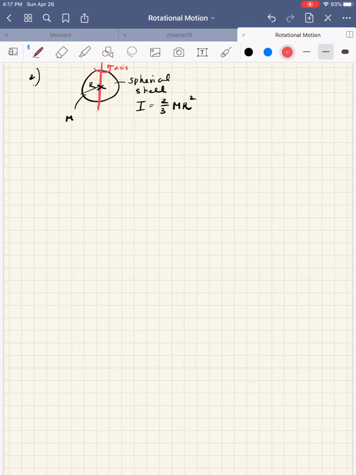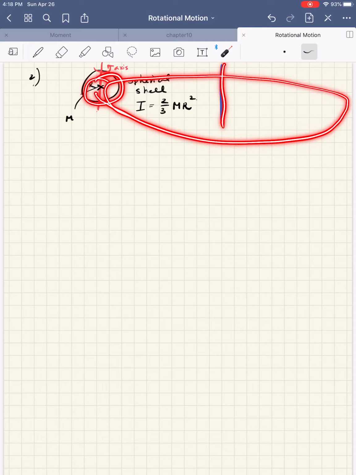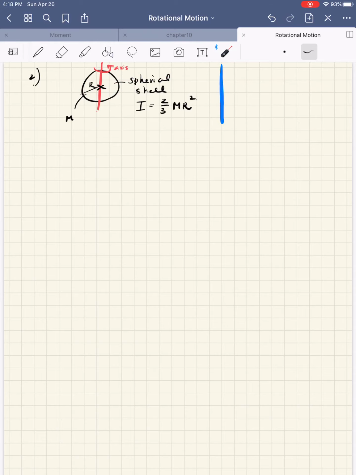But what if I was interested in finding out what is the moment of inertia about a different axis of rotation? So what if I left the sphere here, the spherical shell was right here, but instead you're just rotating around this axis of rotation now. How would I find the moment of inertia around this axis?